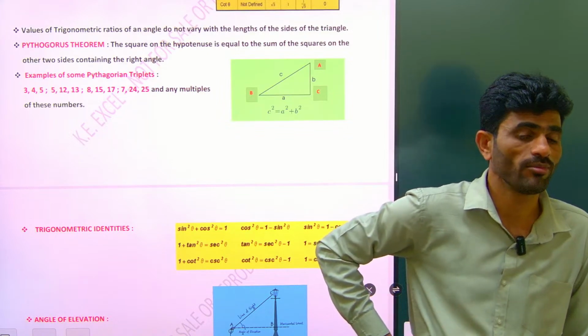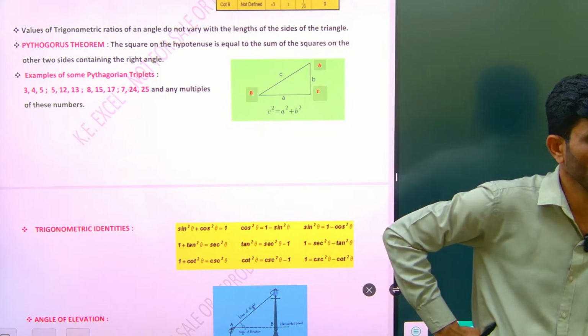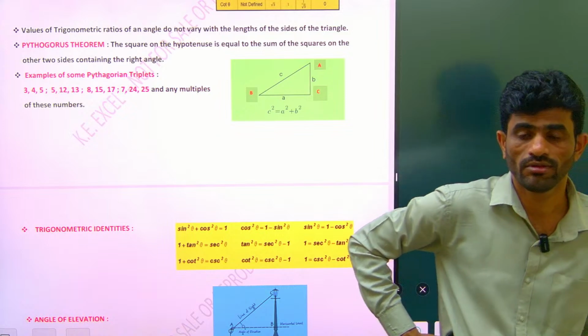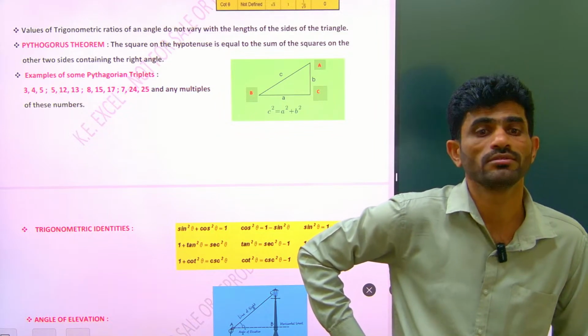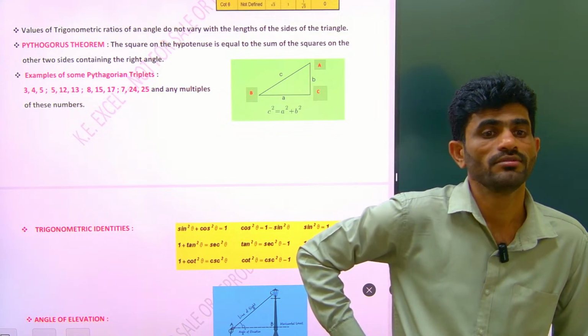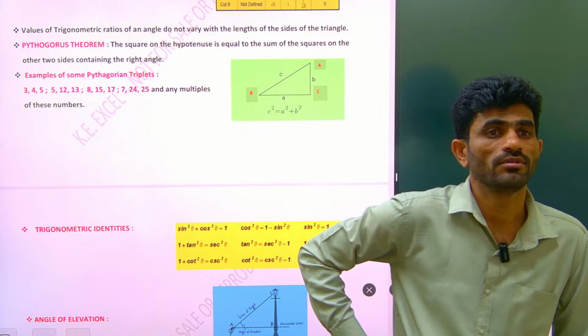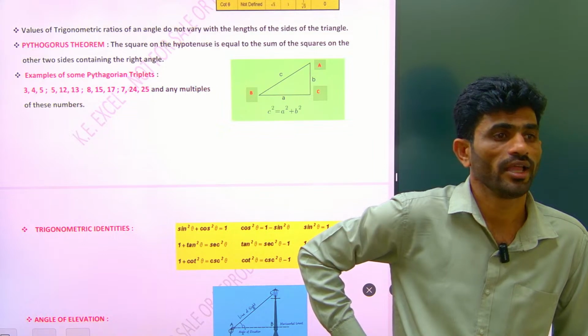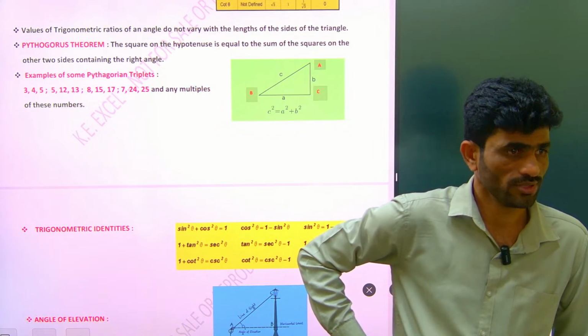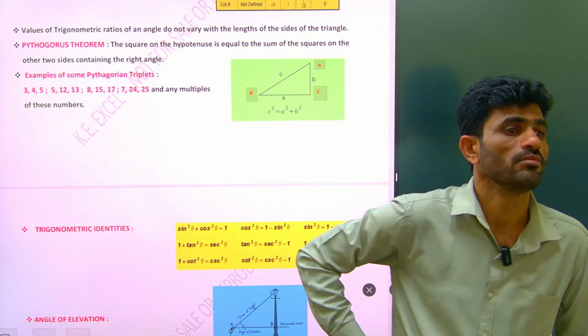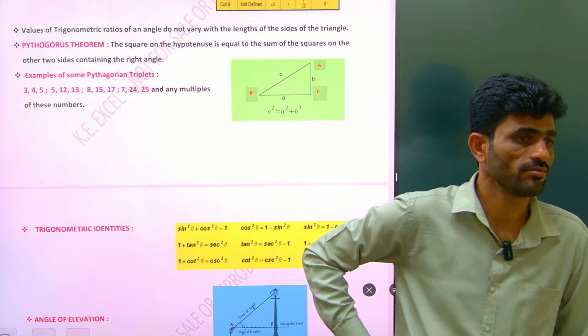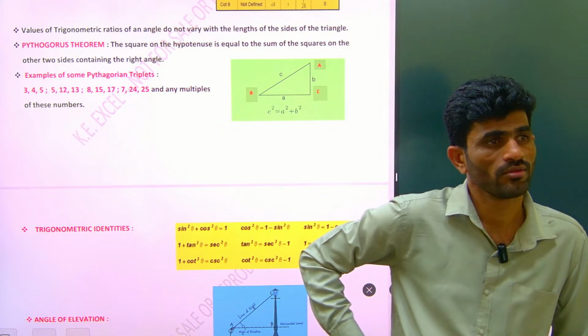What is the A10 formula directly? A plus 9D. SN formula? SN is equal to n by 2 into 2A plus n minus 1 into D. Another formula for SN: n by 2 into A plus AN.